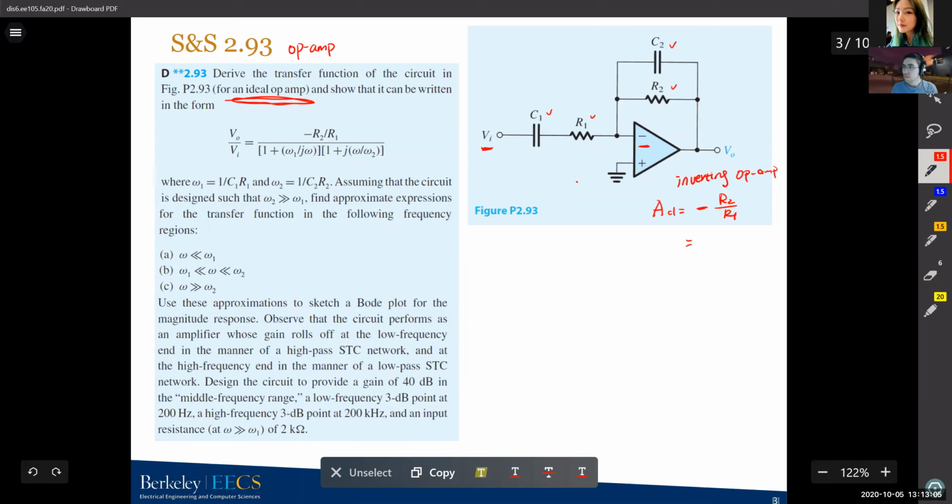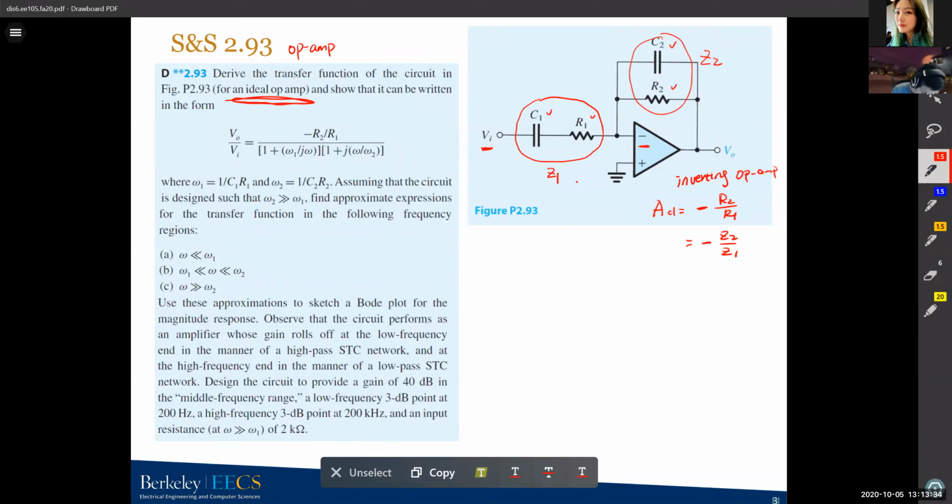In this case, we'll use negative Z2 over Z1, with Z being the impedance in the loop. For an ideal op-amp in the inverting configuration, the gain is always negative Z2 over Z1, with Z2 being the impedance of this feedback part, and Z1 the total impedance of these two input elements. That's how we define Z2 and Z1.